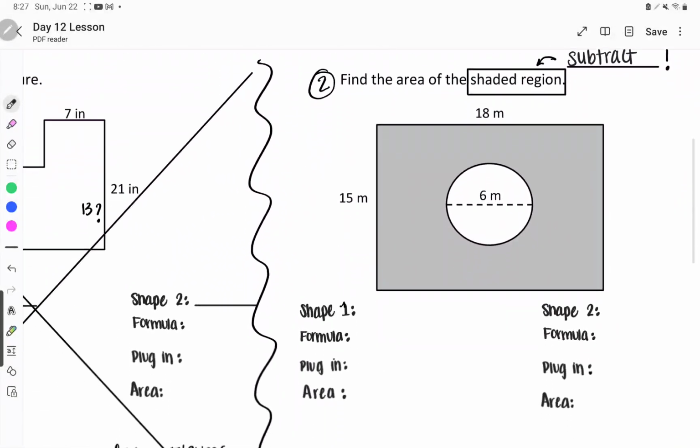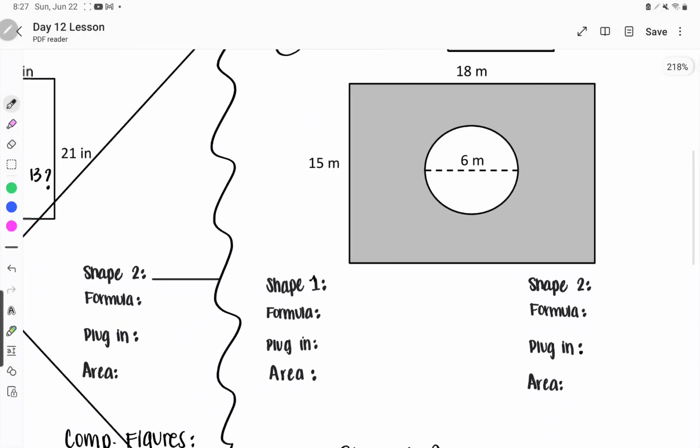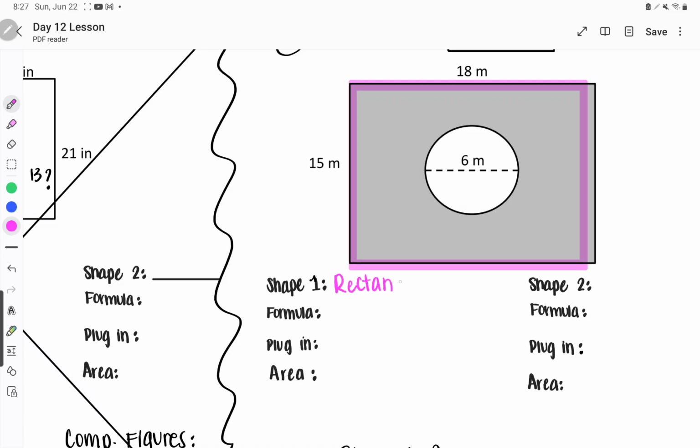Okay. All right, so the first thing we're going to do is treat this like we have been. We look at our shapes and we figure out what we have. So right here, we've got a rectangle. And then we have this shape right here, which is a circle.